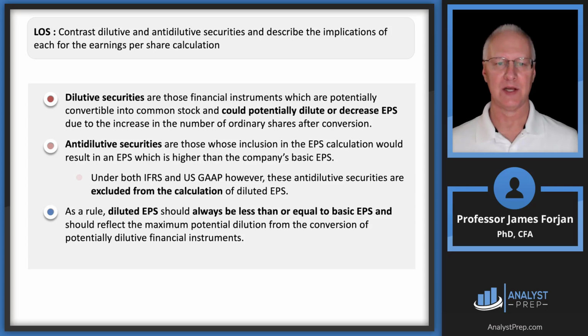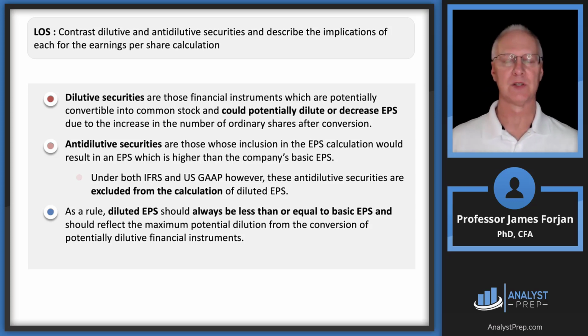Now, the antidilutive securities, this is kind of a rare event, and most of the time it occurs when one of those convertible bonds or convertible preferred shares are either swapped out during some complex transaction or they're retired. Some of those have call features, so they could be called back by the company.